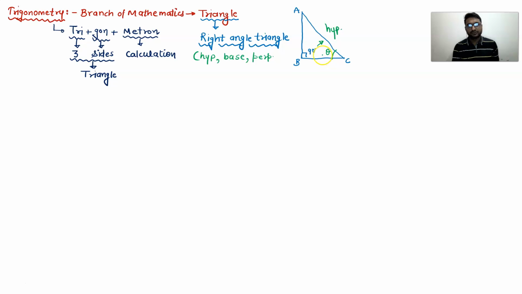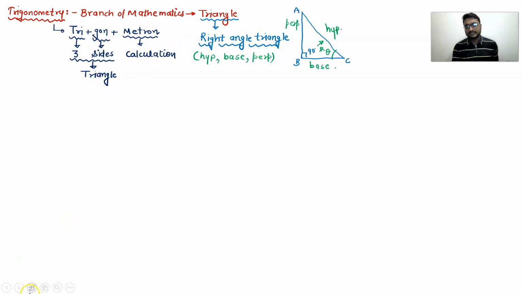Theta is basically used for angles. The side opposite to this theta is known as the perpendicular, and the remaining side is the base. So these are the three sides of this triangle: hypotenuse, perpendicular, and base.